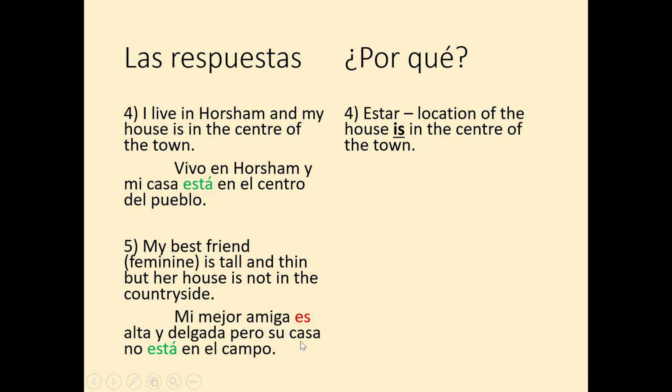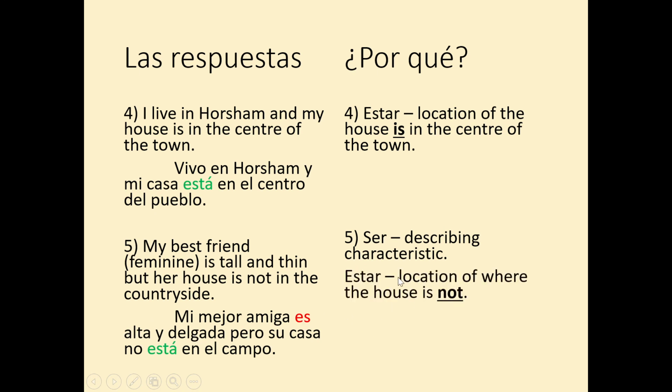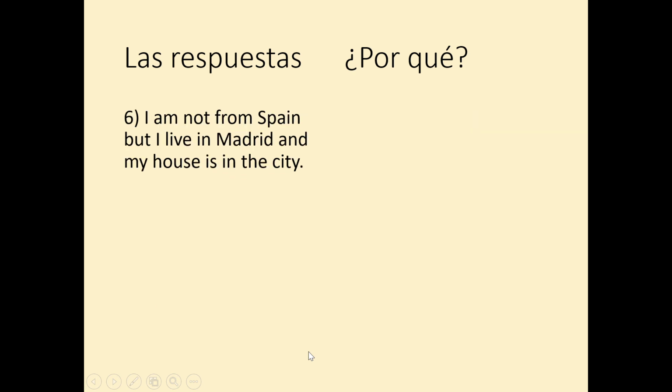Su casa no está en el campo. So we're using both ser and estar here because we're describing what she's like. She's tall and thin. And then we're going on to say where her house is not, because we've got the negatives here.